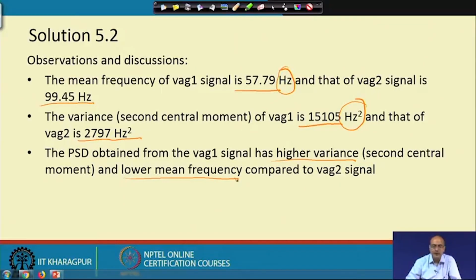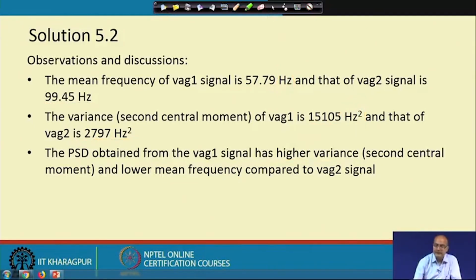Okay. So, that is the trade off we get: for the first signal VAG1, the mean is small, but the variance is much higher compared to the second signal. Okay. So, thank you.